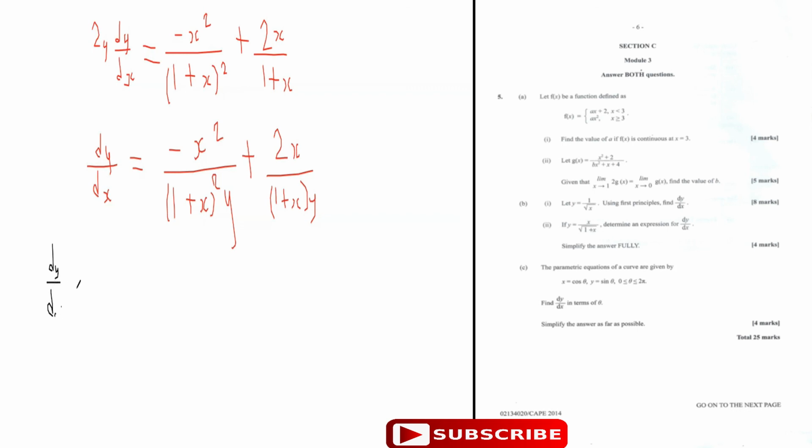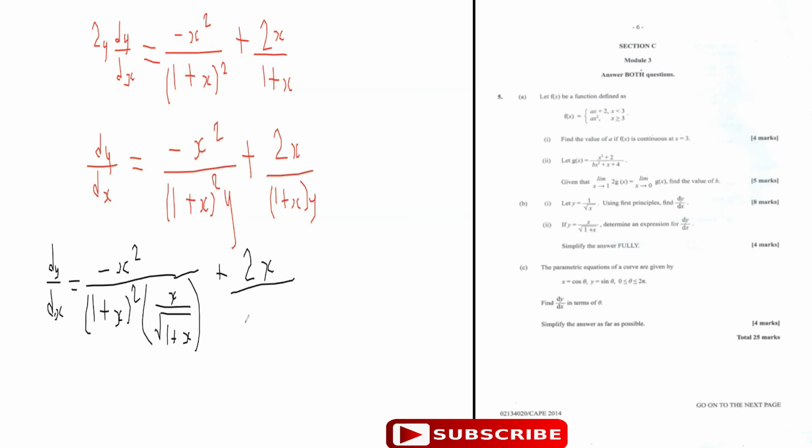So we get that dy by dx would be minus x squared over 1 plus x all squared times y now, and remember y in this case is x over the square root of 1 plus x, plus 2x times 1 plus x times y, and y would be x over the square root of 1 plus x.